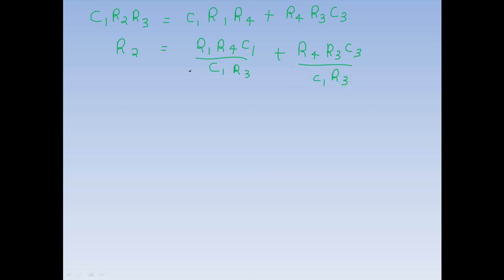Okay, from this C1 and C1 cancel out here, and R3 and R3 cancel out. So what we get is R2 is equal to R1 R4 upon R3 plus R4 C3 upon C1.